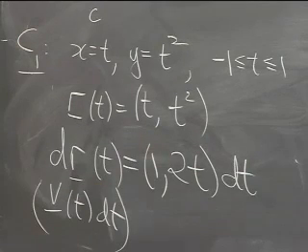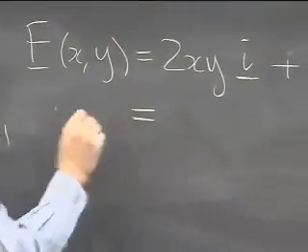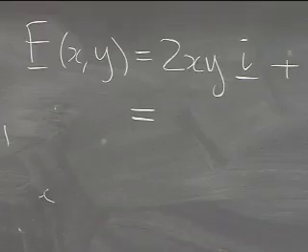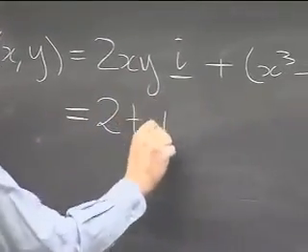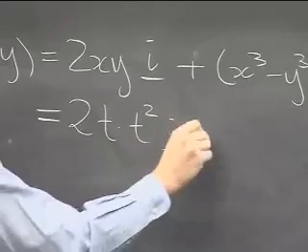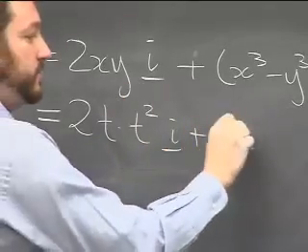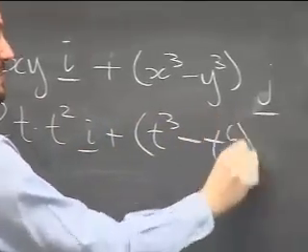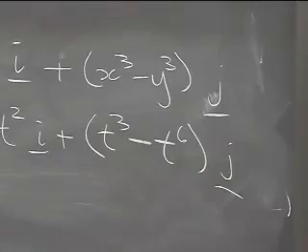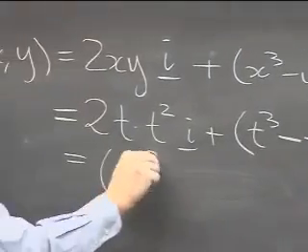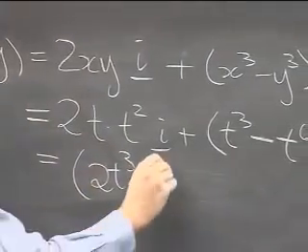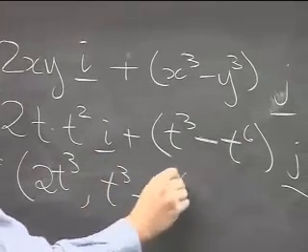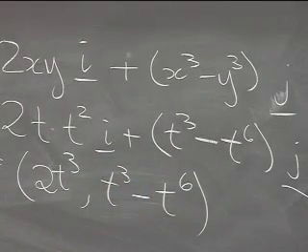All right, now we have to work out what F is. In our case, x is t and y is t squared. So I plug these in. I get 2t times t squared i plus t cubed minus t to the 6th j. Or as a vector in coordinate notation, 2t cubed, t cubed minus t to the 6th.